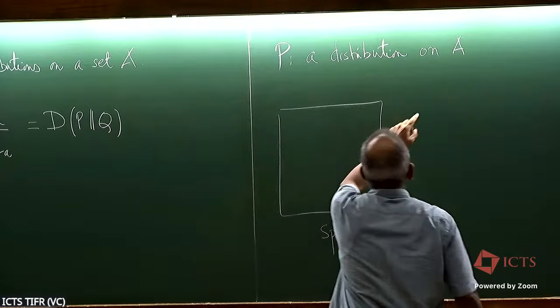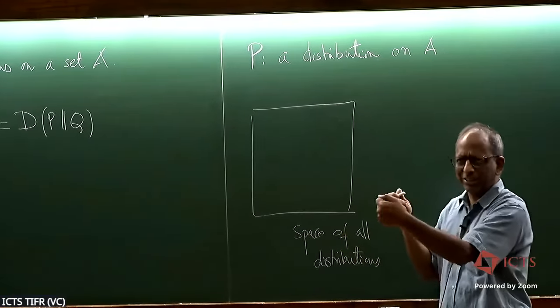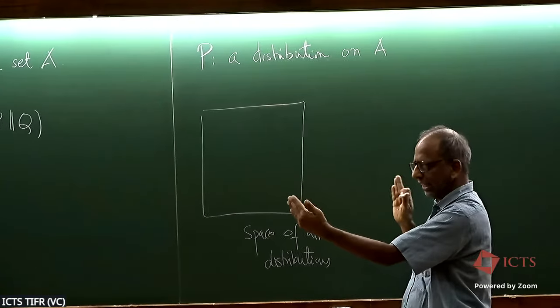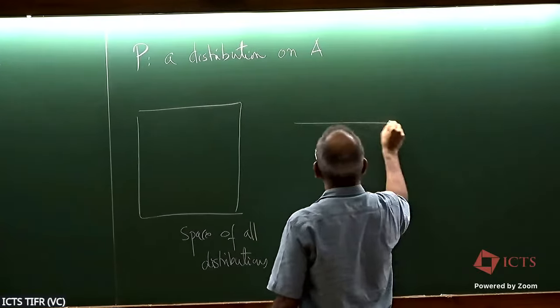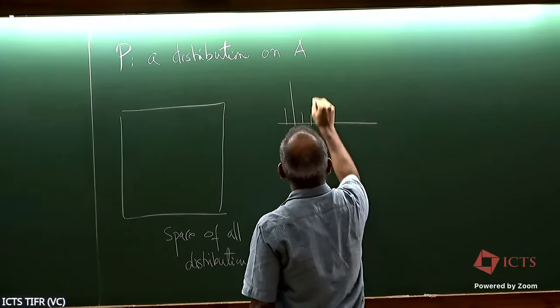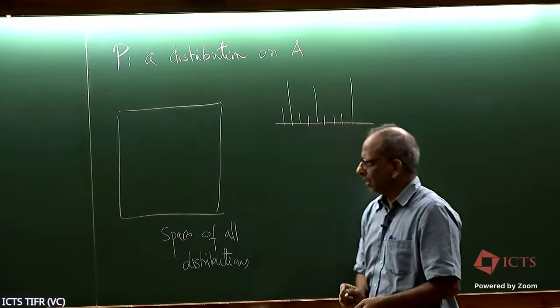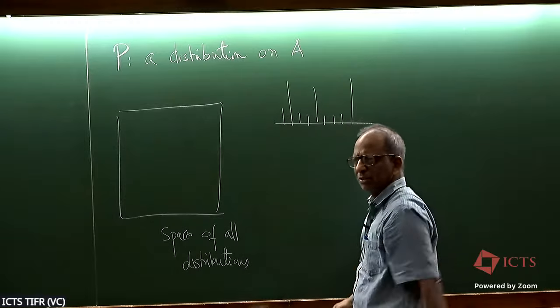Here is a set A, maybe it has k elements, A1, A2, A3, up to AK, and P happens to be a distribution on A. Now, you draw n samples from this distribution.